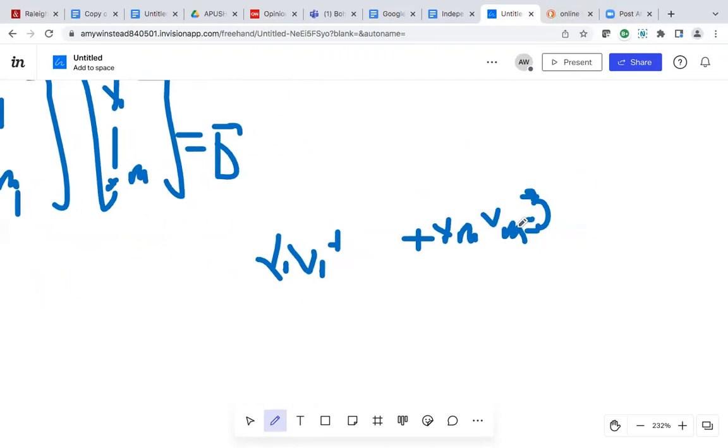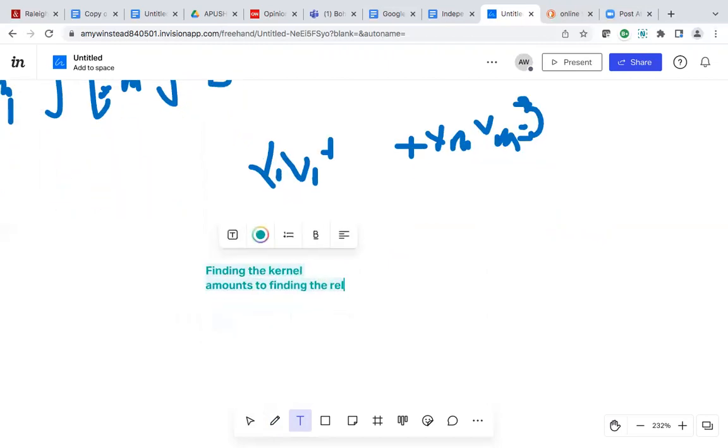So in other words, we see that finding the kernel amounts to finding the relations among the column vectors of A. Right?